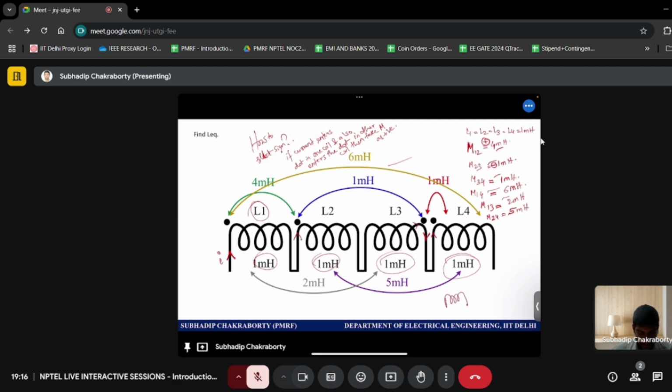Just see the coil, and if the dot is here, then obviously each coil is completely traveled, after that the current will be considered leaving the coil from here. Then this coil has just started, so the dot is here. If current flows like this, I will consider it entering the dot because the dot is at the starting of the coil. So one is leaving the dot, one is entering the dot. So 3 and 4 is also negative. Okay. Now try for the other ones.